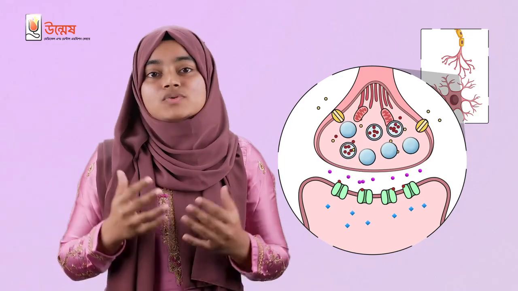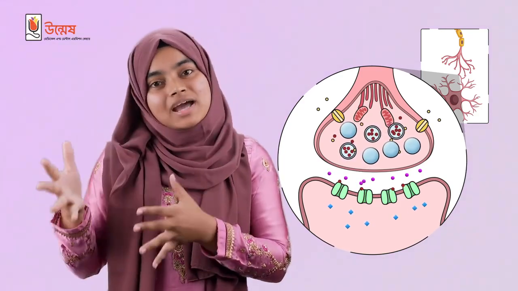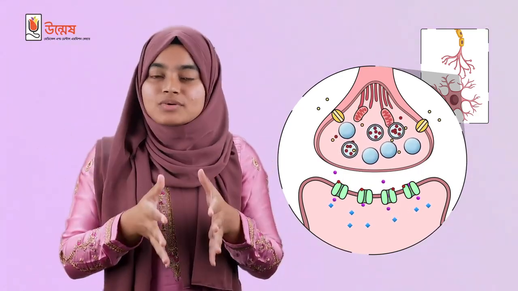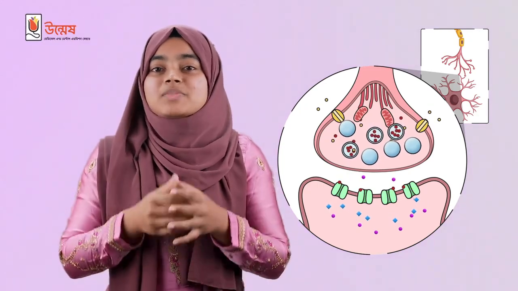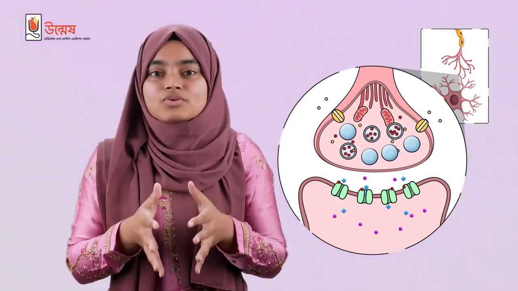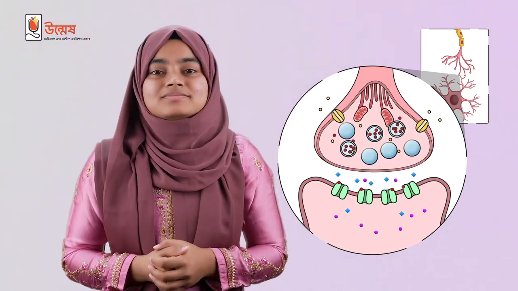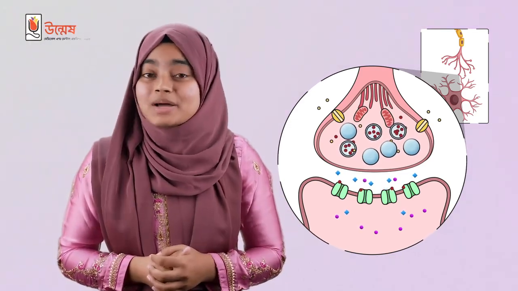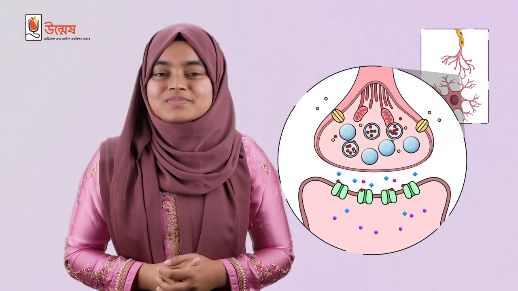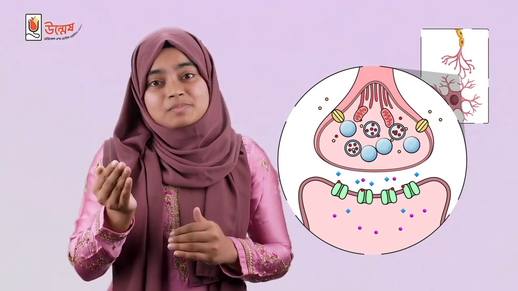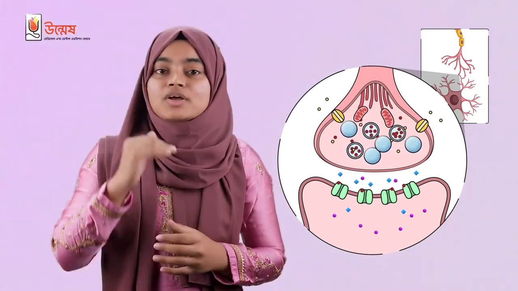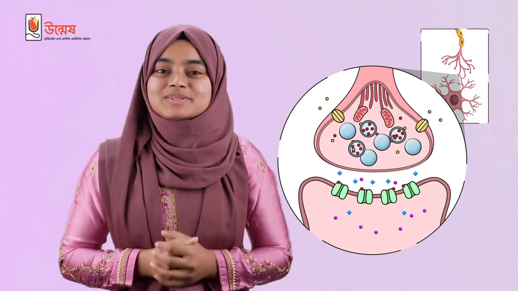Then sodium ions, which are present in higher concentration outside the neuron, will enter the neuron, and potassium ions that are present in higher concentration inside the neuron will exit the neuron. An action potential will develop in the postsynaptic neuron. So our motive to transmit impulse or action potential from one neuron to another is done.